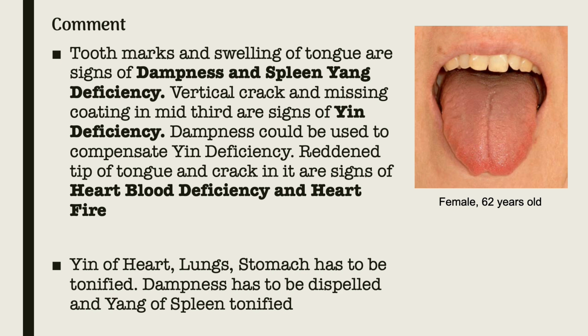The reddened tip of the tongue and the crack in it are signs of heart blood deficiency and heart fire. The yin of the heart, the lungs, and the stomach has to be tonified. Dampness has to be dispelled and the yang of the spleen tonified.